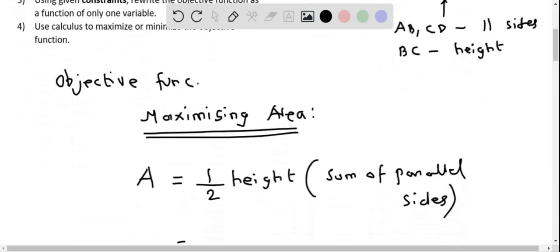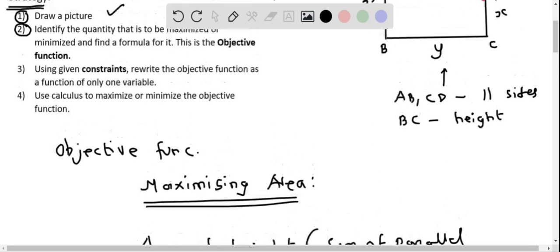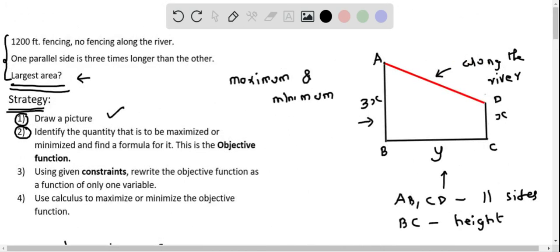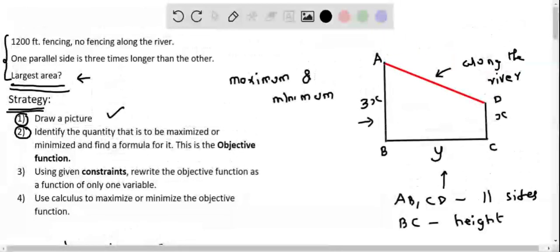So therefore, I can substitute height as y here. This is 1/2 times y. The sum of the parallel sides is 3x plus x, which is basically 4x. I'm going to write 4x straight away. Now this is the objective function we have written. So we have completed step 2.